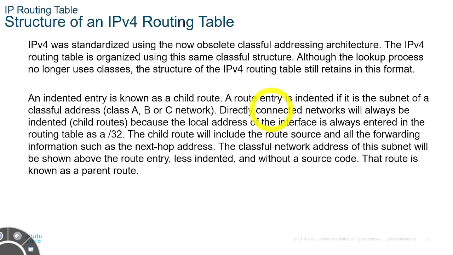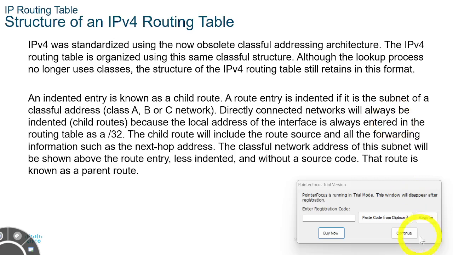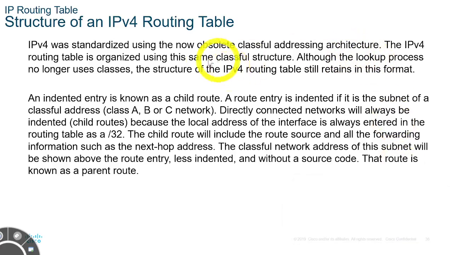They should be contained within the routing table in order to route information for them. So although the lookup process no longer uses classes, the structure of the IP version 4 routing table still retains this. It means that the routing table still uses this classful addressing architecture.